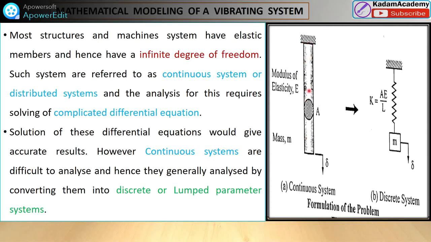This part is converted into a simple discrete lump parameter system. This continuous system has multiple degrees of freedom, but here only 1 degree of freedom. That is the conversion of this mathematical model. While converting, this is useful, so this step is very important.